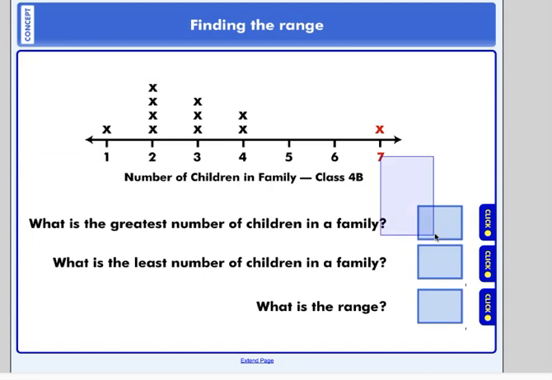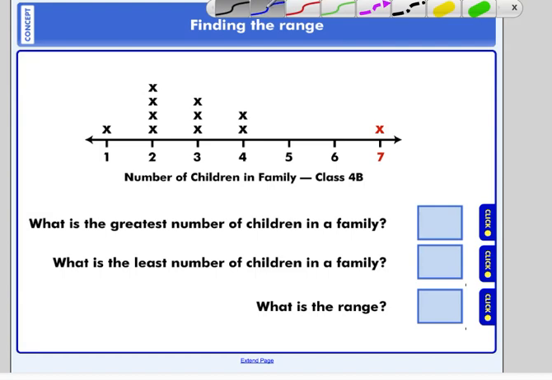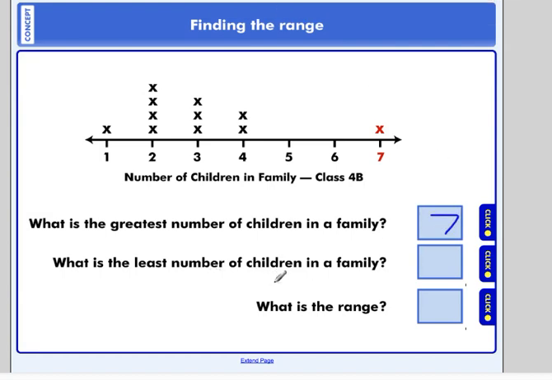Let's see, can I drag that in there? What is the least number of children in a family? Well, that would be the lowest number that anybody responded. So here we have one kid who must be an only child.